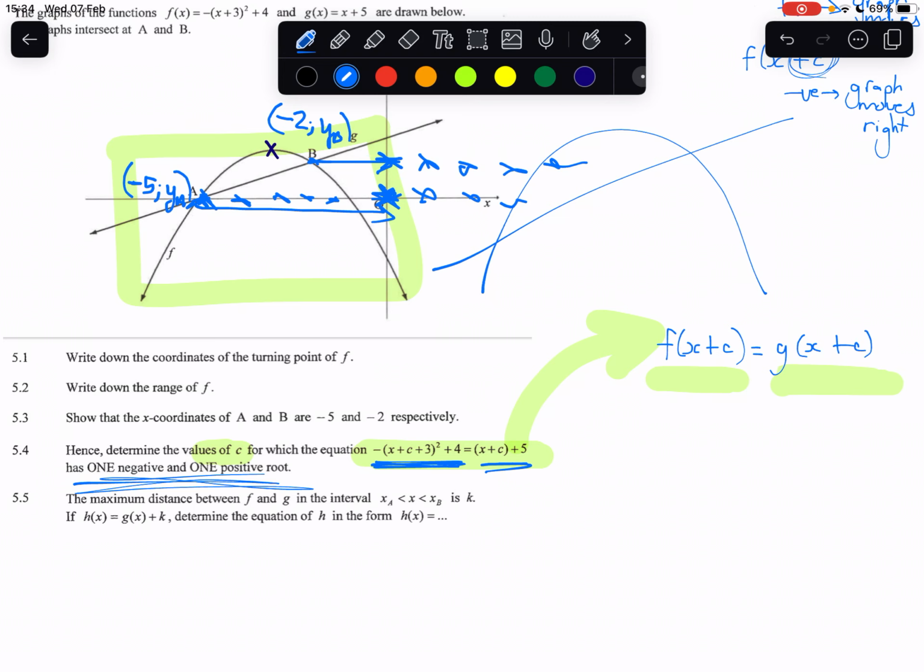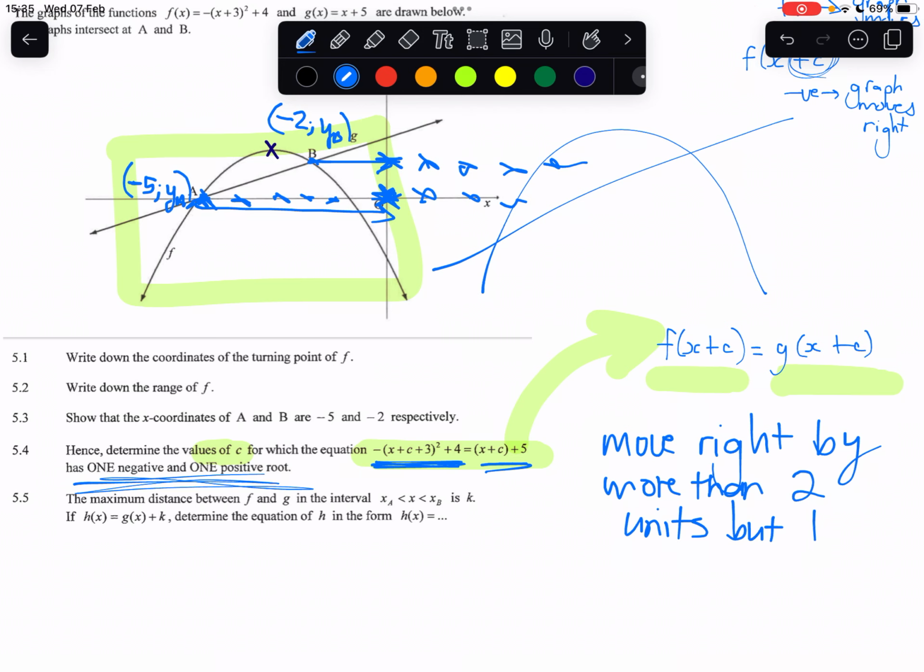We want to move right by more than 2 units, but also it has to be less than 5 units, because if it's now more than 5 units, then A is going to end up on the positive side of the x-axis.